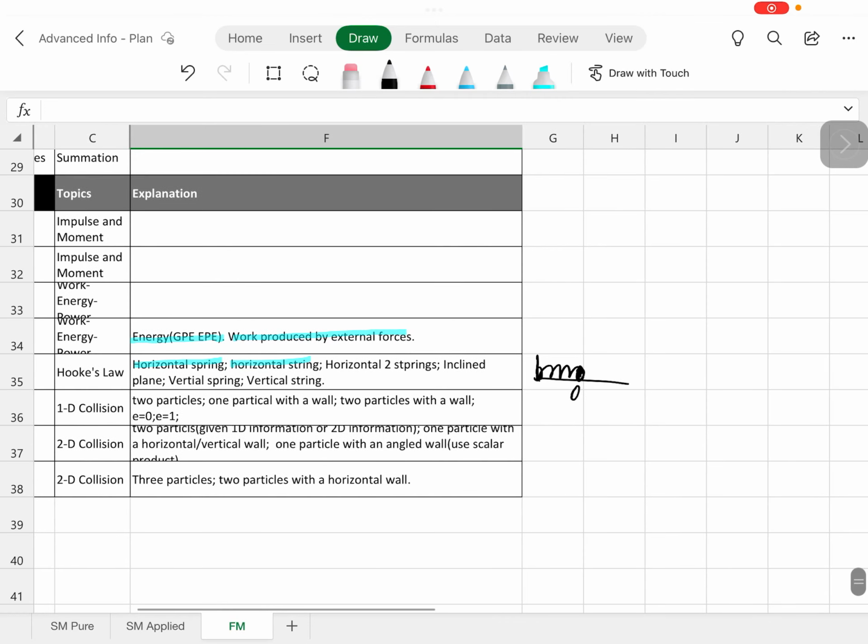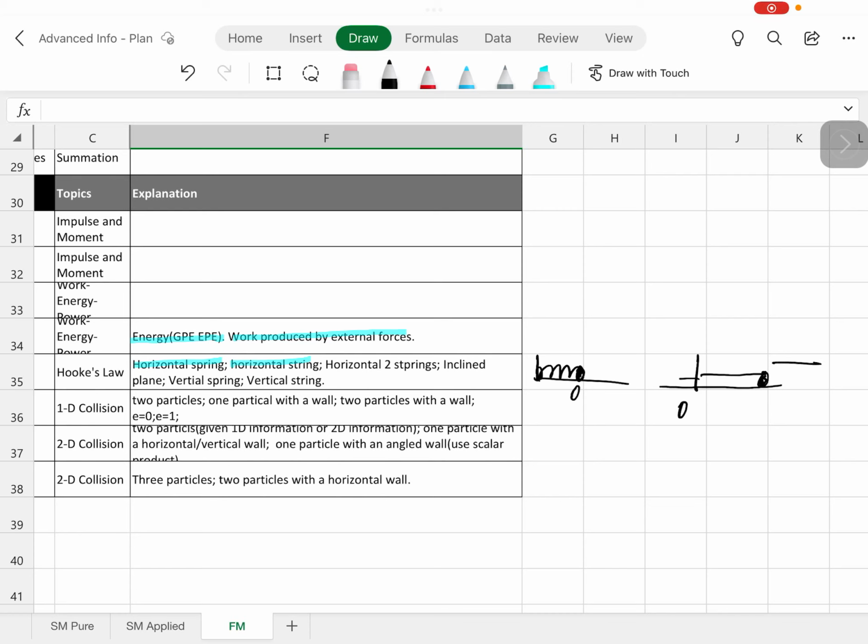Horizontal string, that means it's a string linking to a particle, and the center of oscillation would be here. When the string is being stretched, you are doing the oscillation. When the string is not being stretched, you are moving with constant speed.